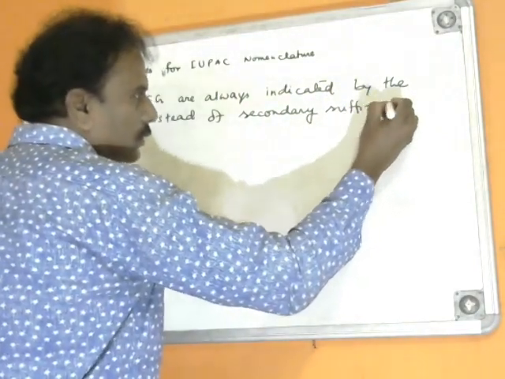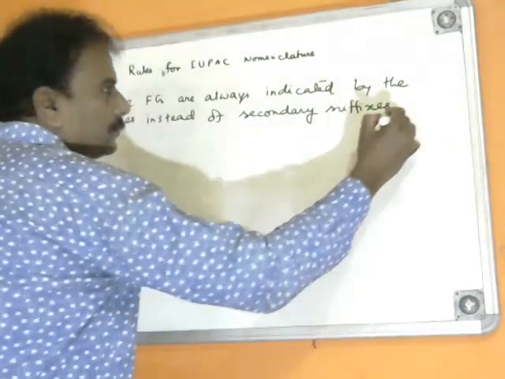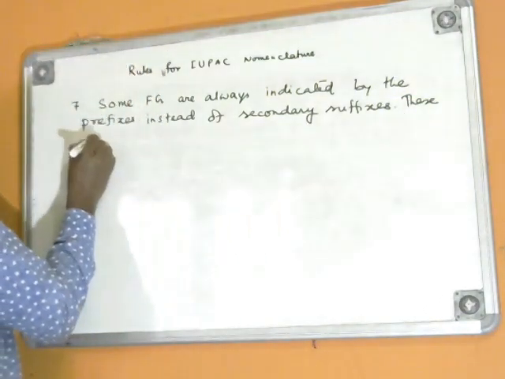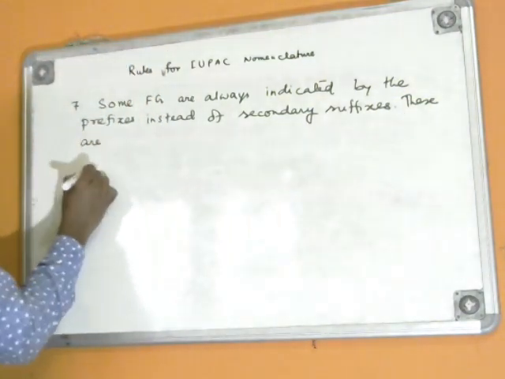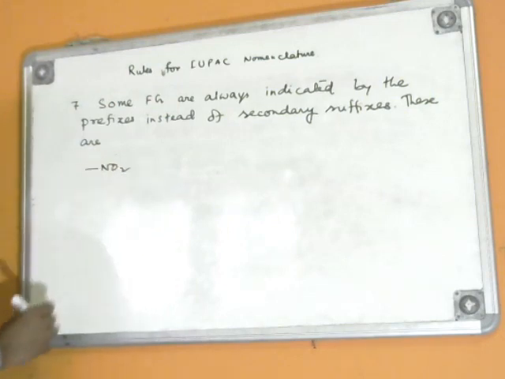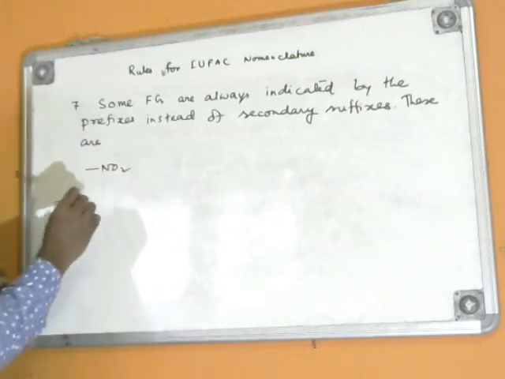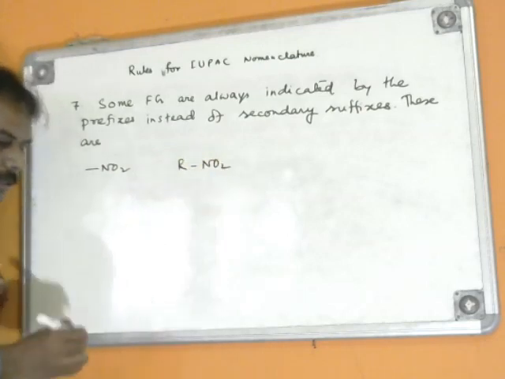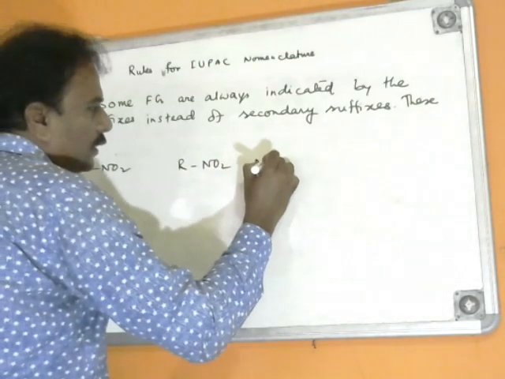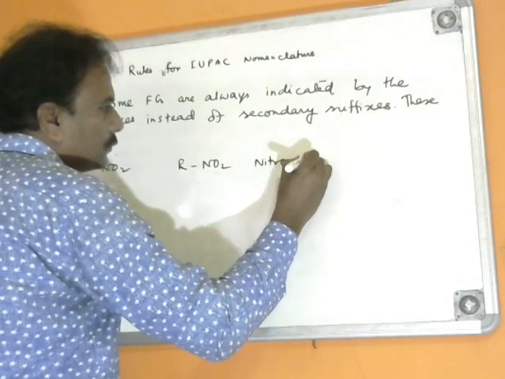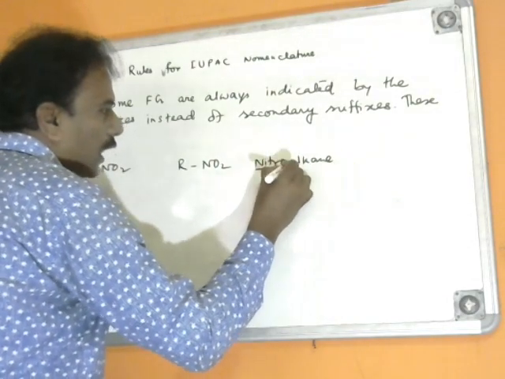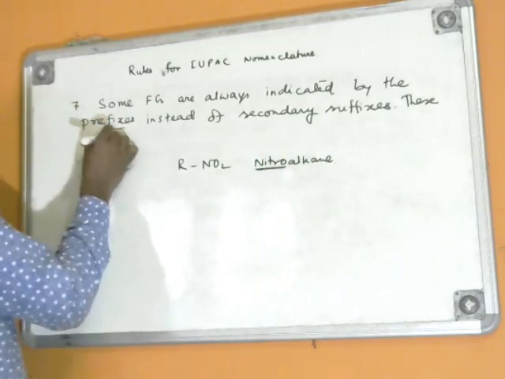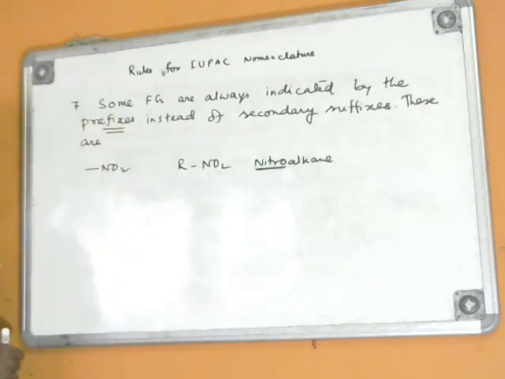Suppose NO2. When NO2 is attached to an alkyl group, the name is nitroalkane. So nitro is a prefix here, not a suffix.